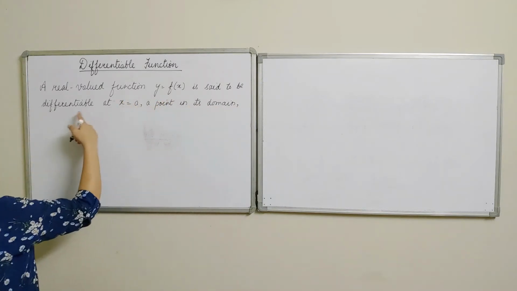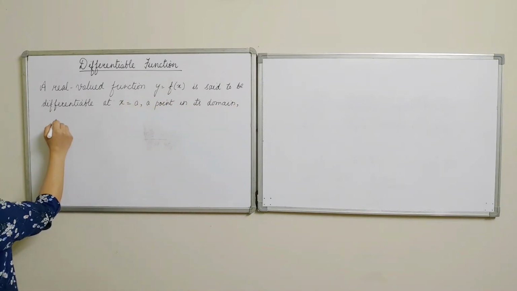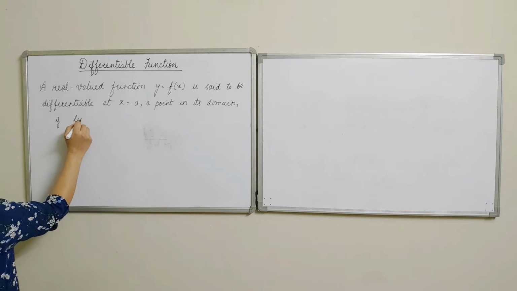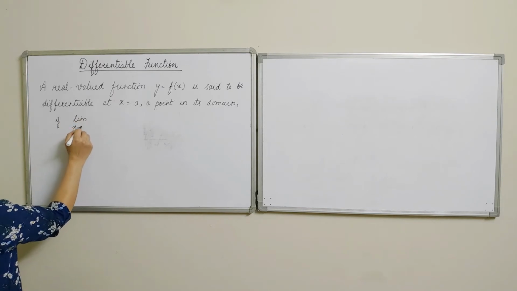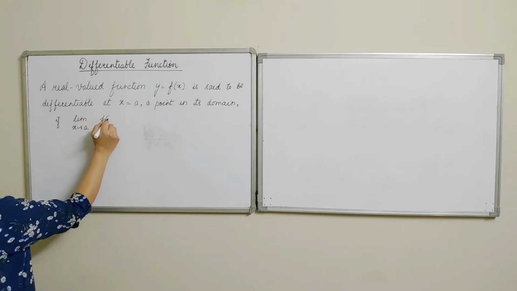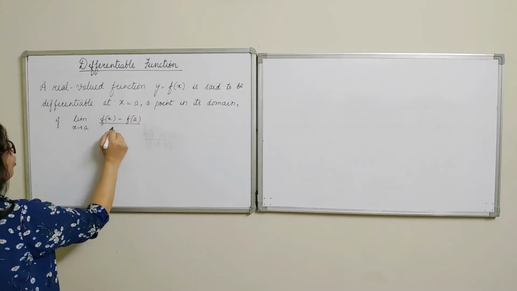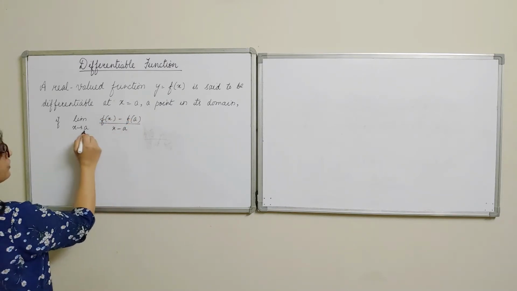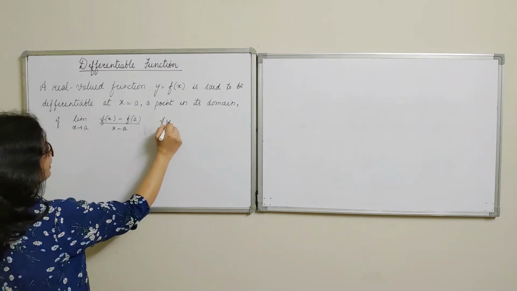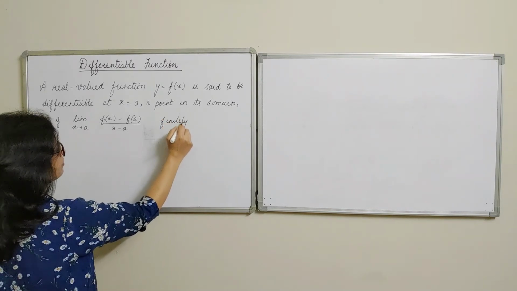A function is said to be differentiable at x is equal to a if the limit of (f(x) minus f(a)) upon (x minus a) when x tends to a finitely exists.